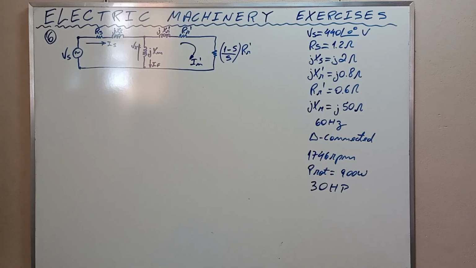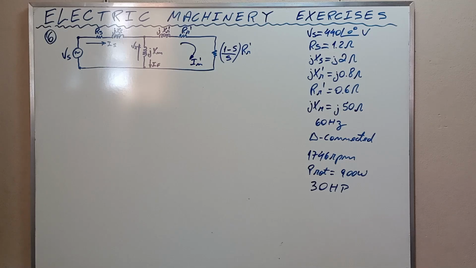The question: find the power factor, the line current, the output power, the copper losses, the output torque, and the efficiency. Okay, my friends, this is what the exercise wants, and let's go do it.